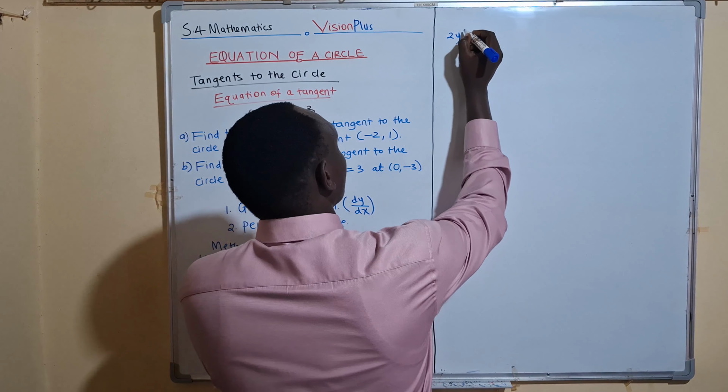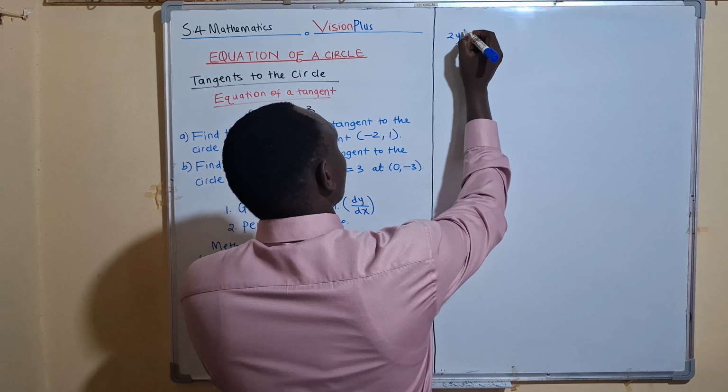equals, we are carrying 2x and negative 4 to the other side of the equation. So negative 4 becomes positive 4, positive 2 becomes negative 2, positive 2x becomes negative 2x. So let's see how we can make dy/dx the subject.